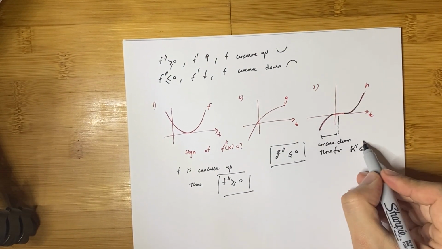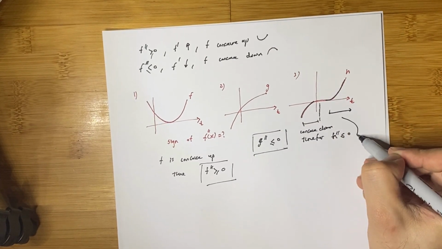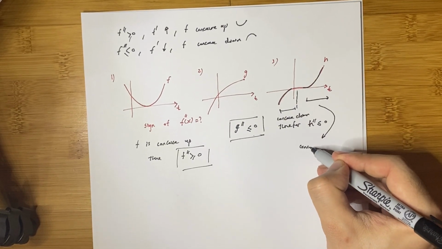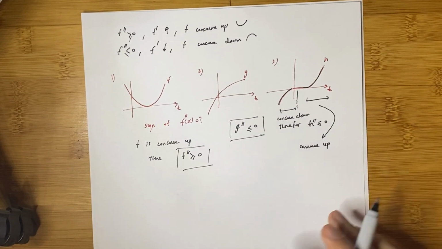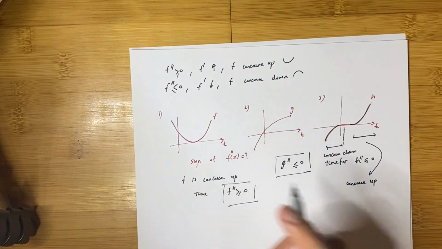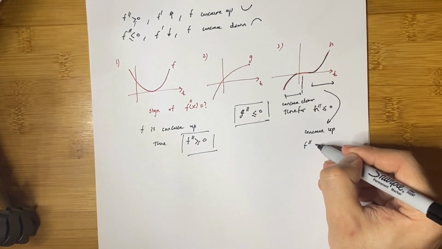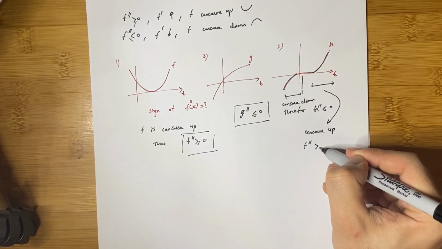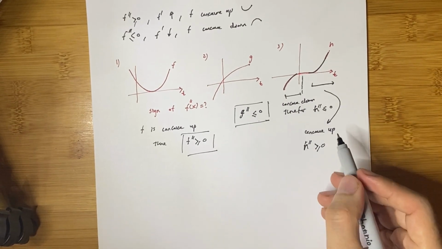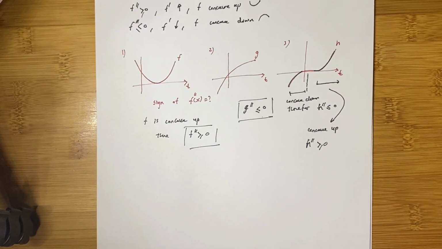In this case, we have h. And for this function, this is concave up. And when it's concave up, the answer should be this. So the second derivative is greater than or equal to 0. Sorry, this is h. That should be the answer.